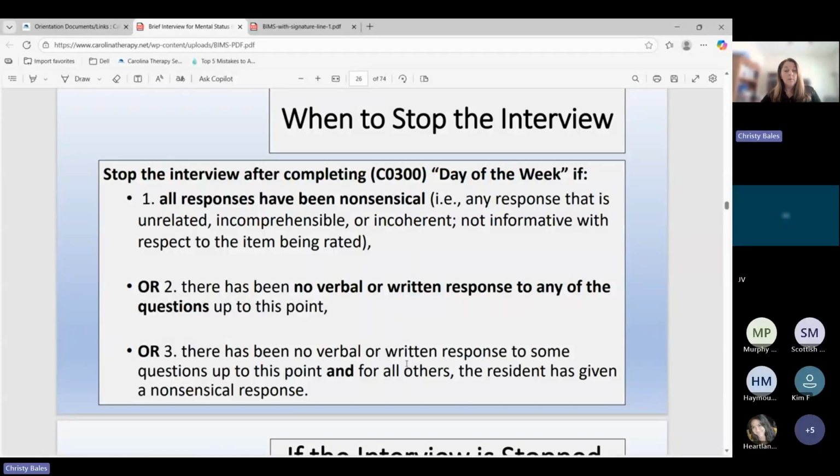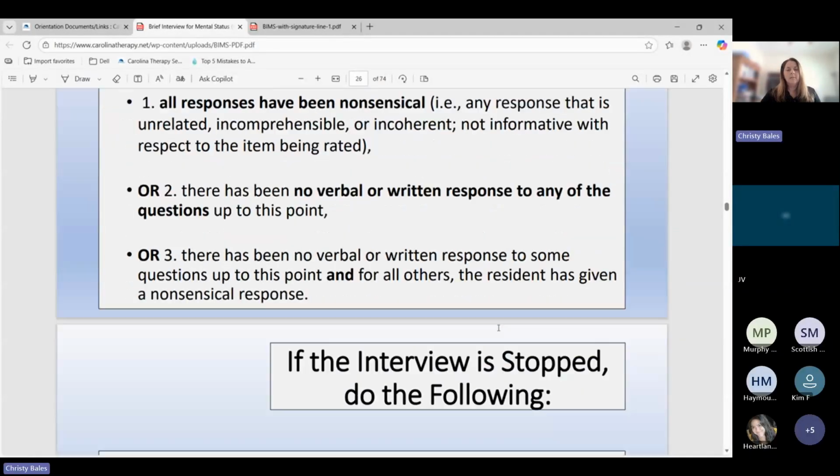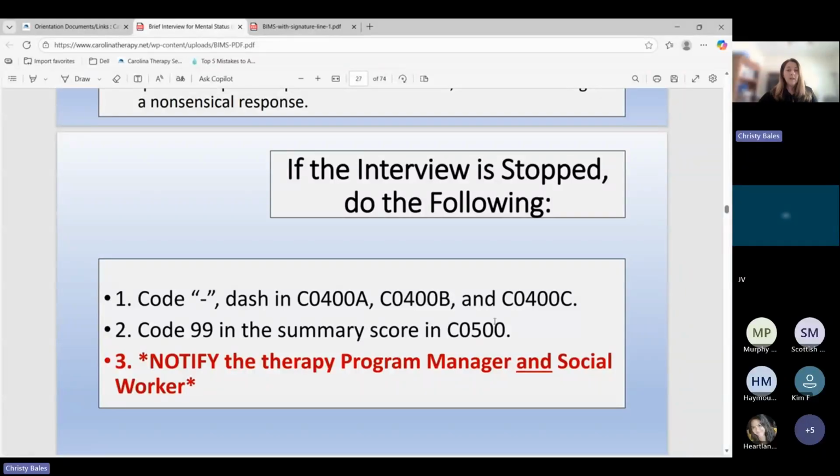Or there has been no verbal or written response to some questions up to this point, and for all others, the resident has given a nonsensical response.